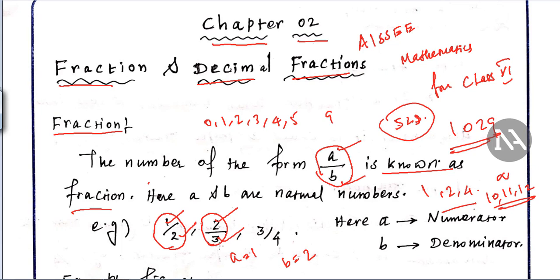Here a is called the numerator, and b is called the denominator. So in this case 2 is the numerator and 3 is the denominator. Here 3 is the numerator and 4 is the denominator.